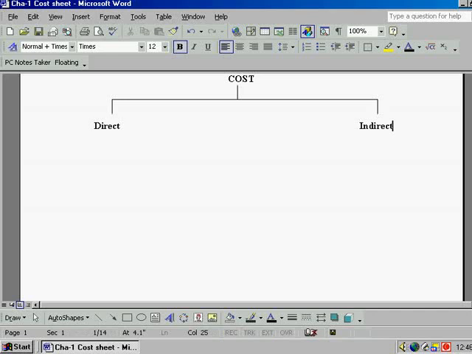Direct cost. Suppose embroidered shirts now come in fashion. We are manufacturers of shirts, but we do not have people skilled in embroidery work. So for embroidery work, we will send these shirts to outside people, and per shirt, say, we will be paying them 50 rupees.